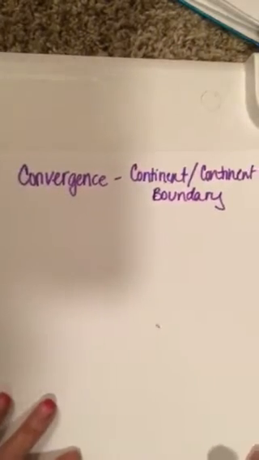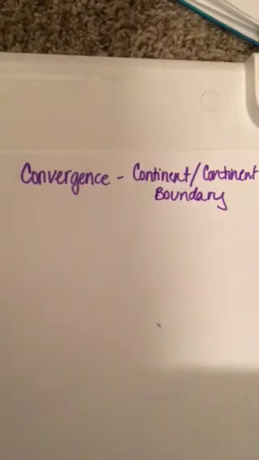All right, so as you can imagine, when two massive land masses are coming together, so these massive blocks are coming together, you can imagine that that's going to be quite interesting.